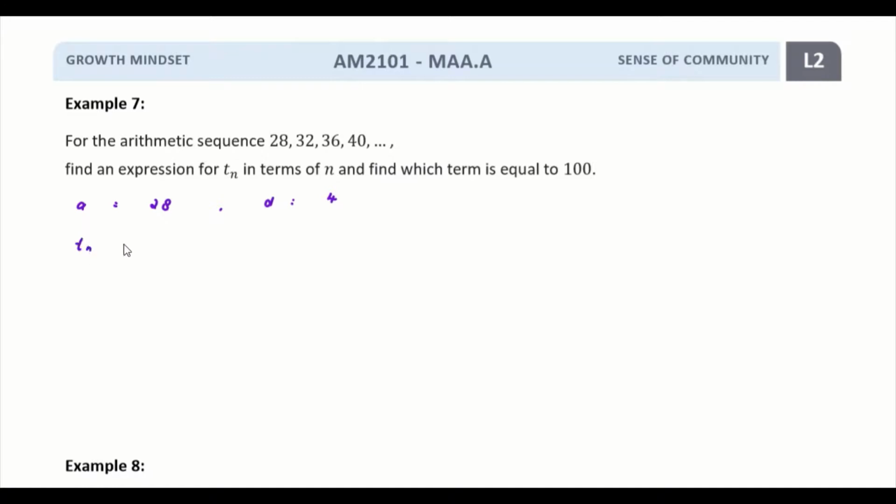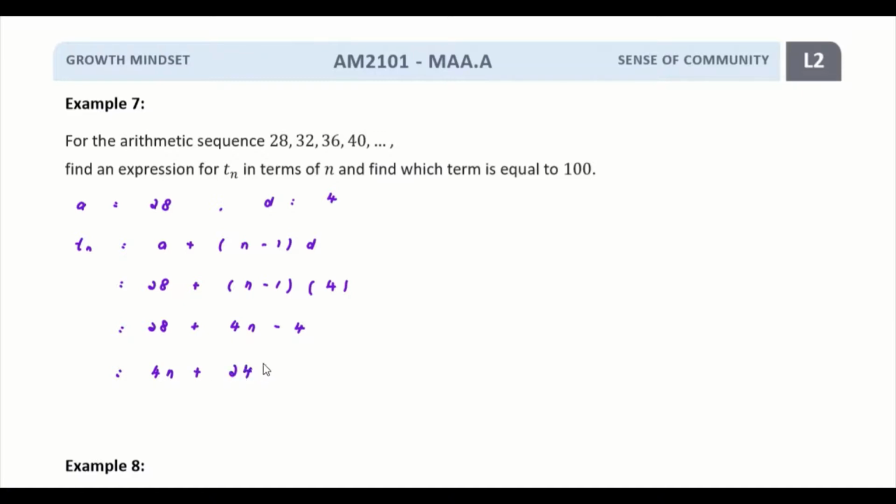So Tn equal to a plus n minus 1 d. So the a that we have is 28 plus n minus 1, the common difference here is 4, right? So let's simplify this. So 28 plus 4n minus 4, and that gives us 4n plus 24.